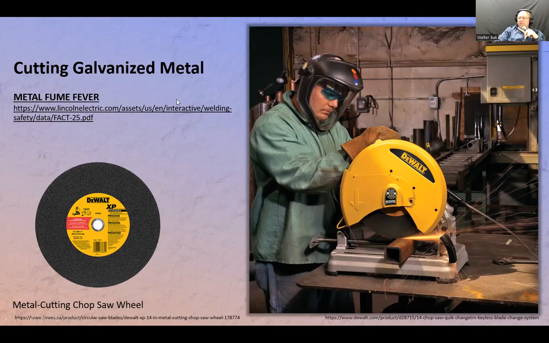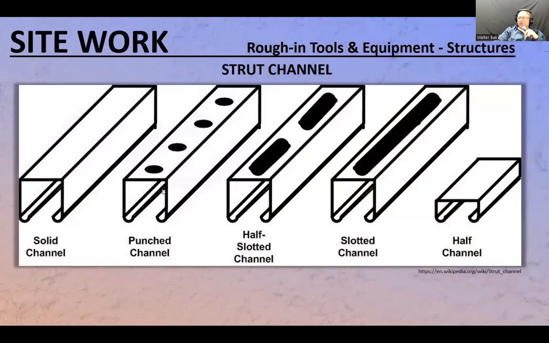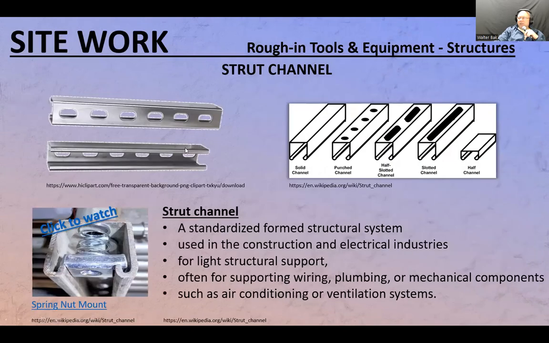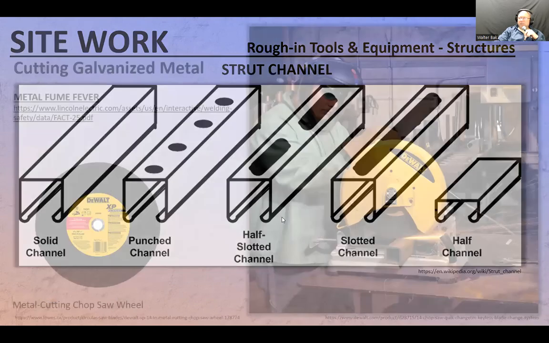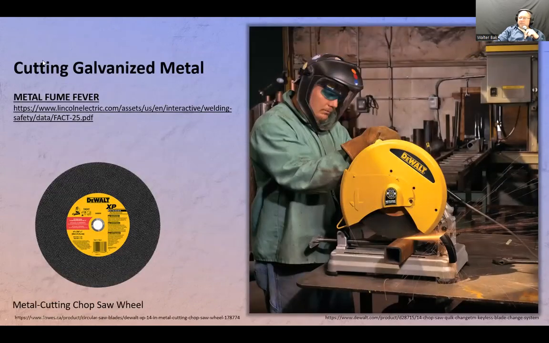Whenever you cut galvanized metal, because those struts, they're made of galvanized steel. Galvanizing is a special type of coating that prevents, well, corrosion and other things. When you're cutting galvanized metal in a way that the heat is being produced, you just have to make sure that you understand that whenever that happens, there are fumes being released.